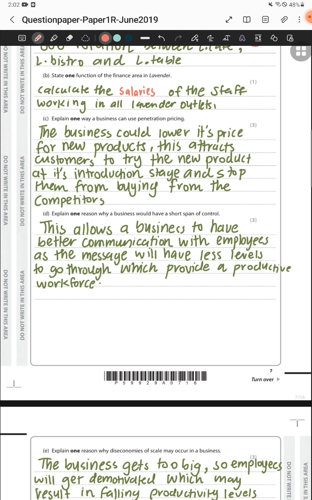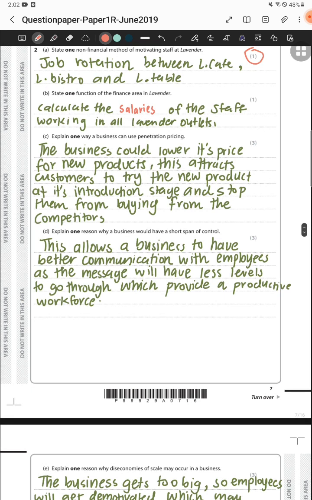This attracts customers to try the new product at its introduction stage and stops them from buying from the competitors. Penetration is basically lowering the price. So Lavender may want to introduce new products, so using penetration pricing is a very good method.